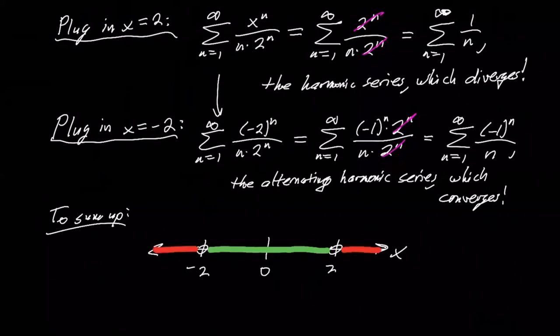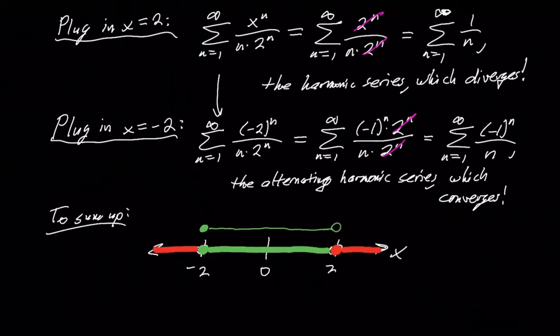And we actually know that it converges when x is negative 2. So I'm going to bubble this in, and it diverges when x is 2. A way people would probably draw this is more like a bubble, then a line, and then an open circle.